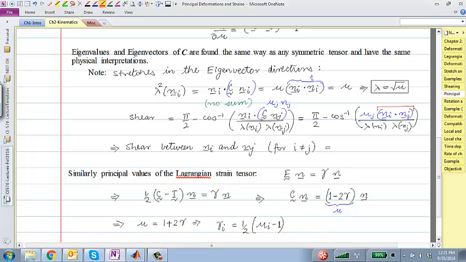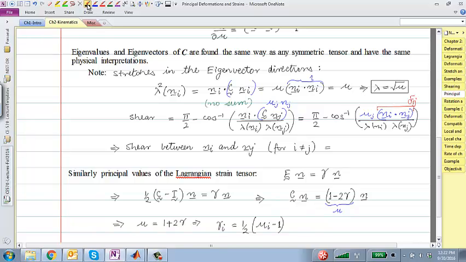If I have two eigenvectors, the dot product between those eigenvectors is 1 if we have i equal to j. If i is not equal to j, the dot product is 0, which is the Kronecker delta ij, right? So that is basically going to be 0, and cosine inverse of 0 would be pi over 2.